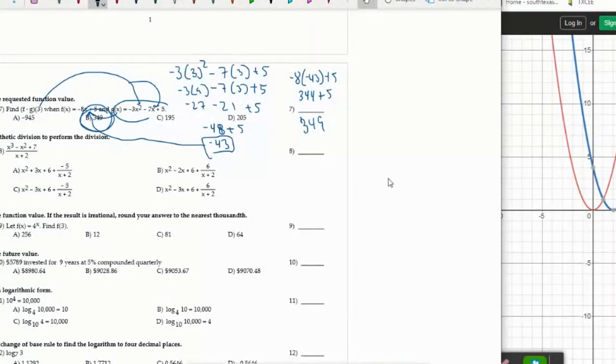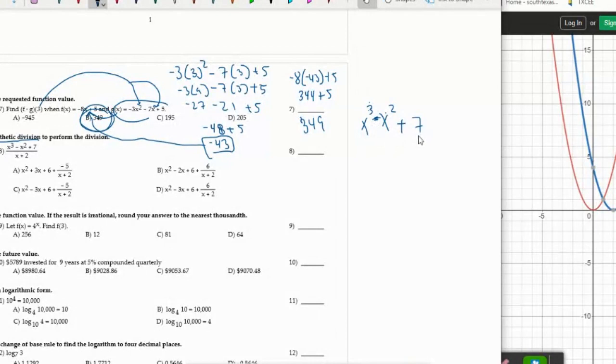Okay. So synthetic division. Next one. Synthetic division. The first thing you want to remember is that you want to have every term accounted for. What does that mean? That means if I have an x to the power of 3, I should have 4 terms. Notice I only have 3.